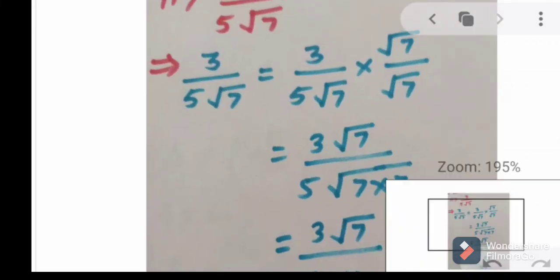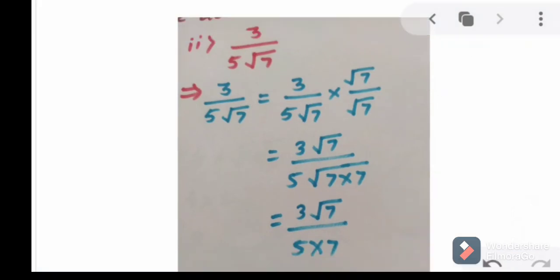But we know that the square root of 121 is 11. So it becomes root 11 upon 11. In this way, friends, what happened? The root 11, which was the denominator, which is irrational, gets converted to a rational number. Hence, it is known as the rationalization of the denominator.